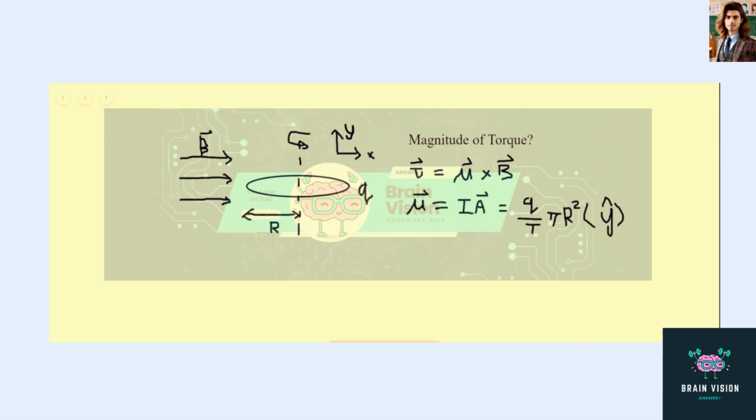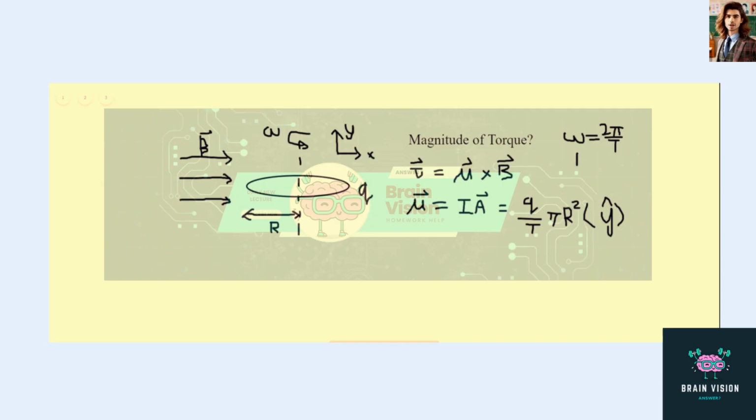Okay, then the next thing is the 1 over t. So we recall, omega is 2 pi over t. The loop is rotating with angular frequency omega.